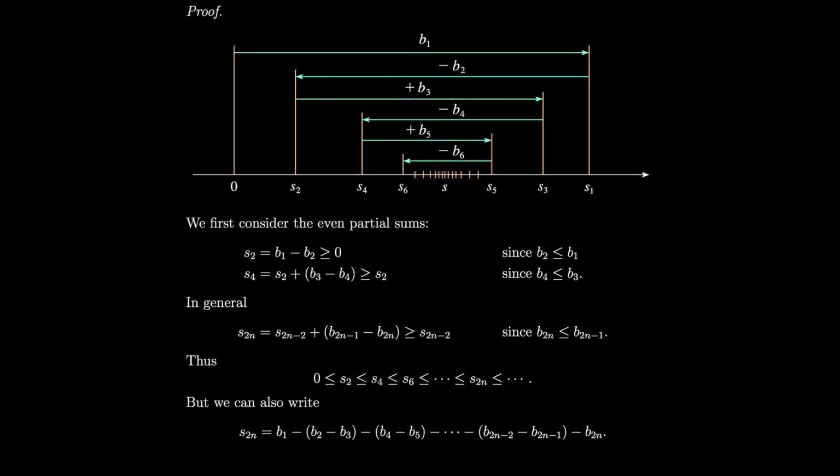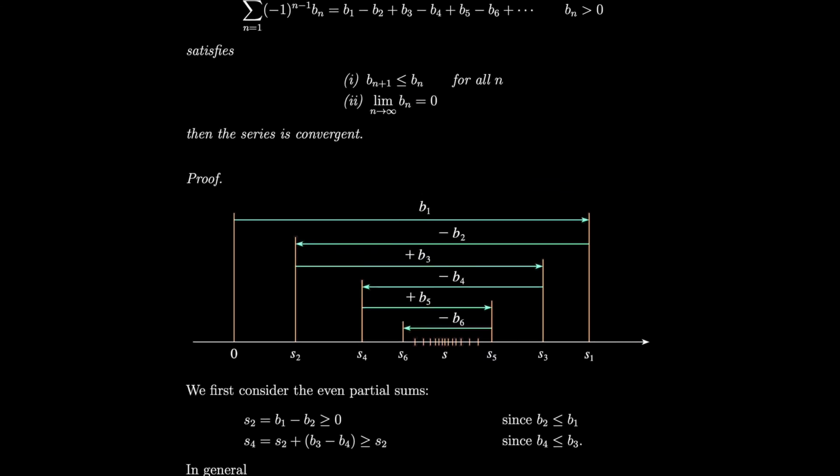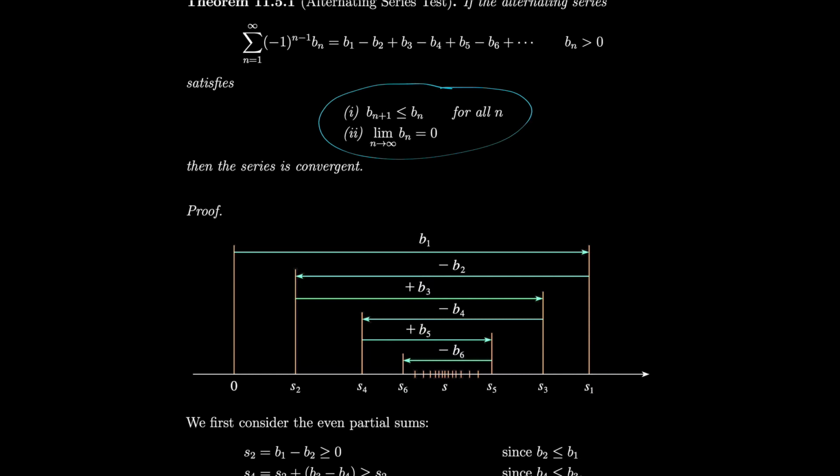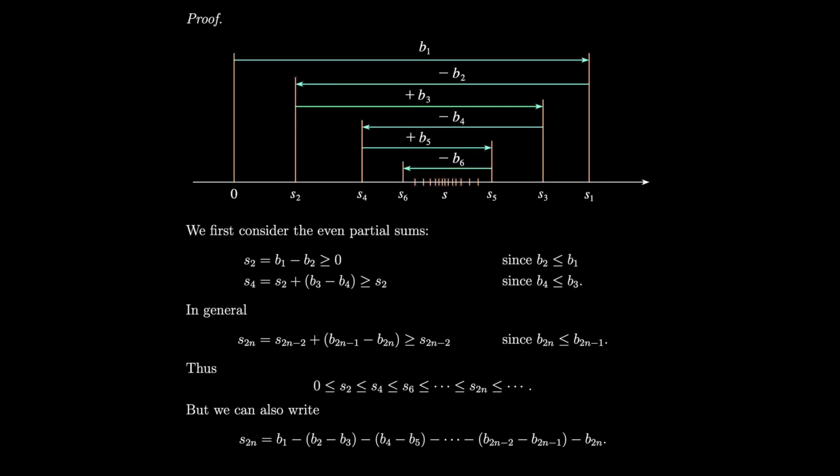First, take a look at this picture right over here. We're assuming that we have these two conditions, and we're assuming that our series alternates. Given that, the first term starts at 0, let's say, and then it goes up a certain amount, whatever the first term is.